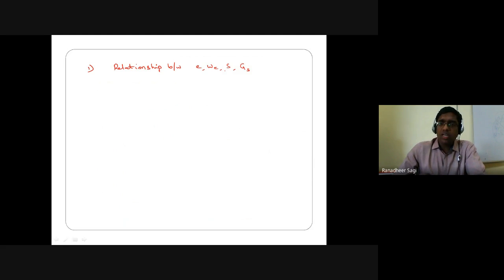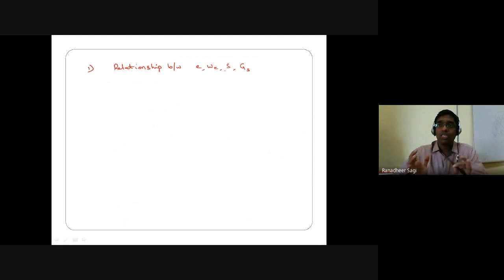Because whenever you are looking at a particular soil, you might know only some information about that soil, and some other information may not be known. Say the void ratio, water content, and degree of saturation of the soil are known, but you don't know the specific gravity of soil solids of that particular soil. So based on the data that is known, you can find out the unknown parameter of that particular soil.